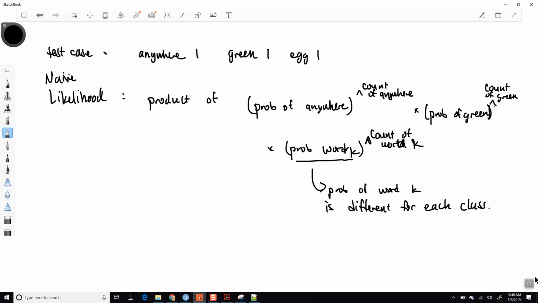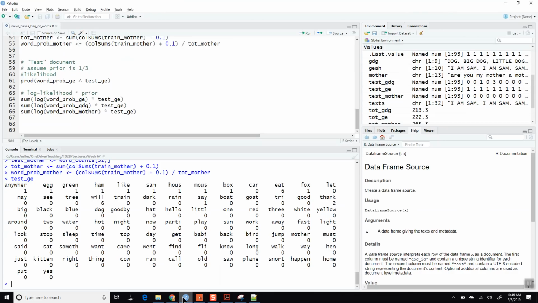Whereas for Are You My Mother, the probability of mother will be high, and the probability of ham will be low. I think egg actually appears in Are You My Mother, so it's not egg. So we're going to calculate the likelihood according to the probabilities of each of their classes.